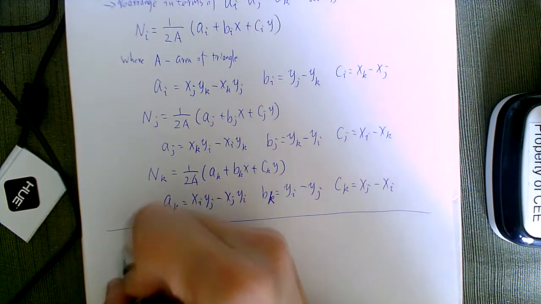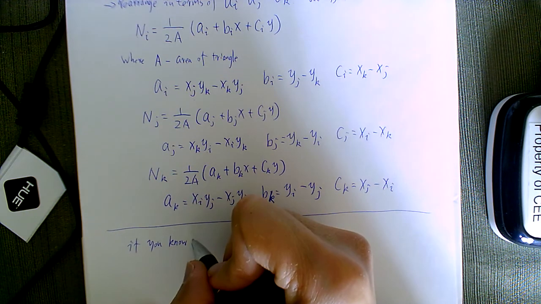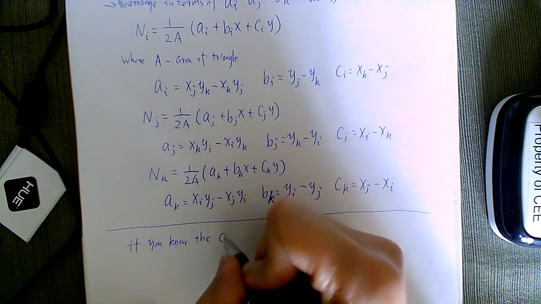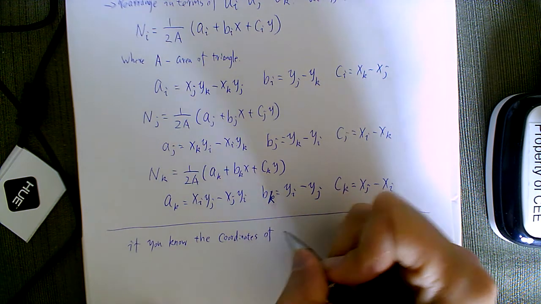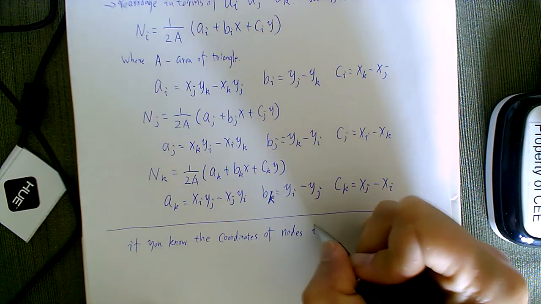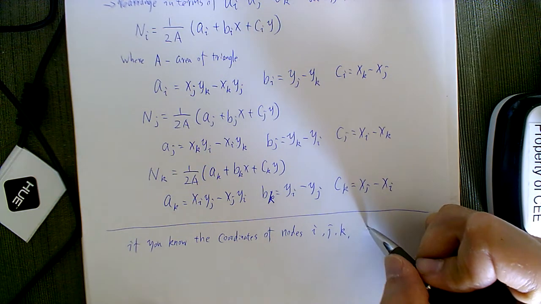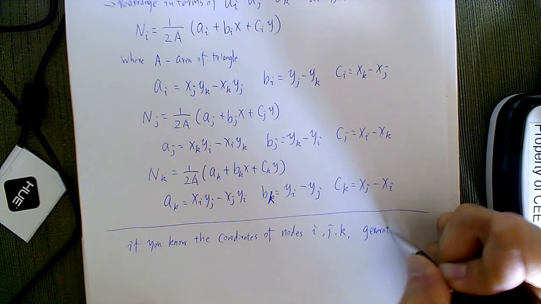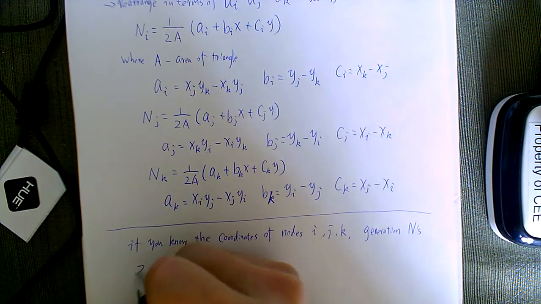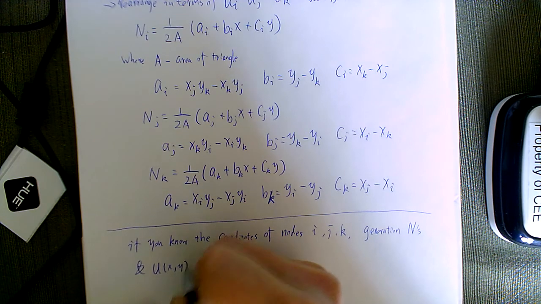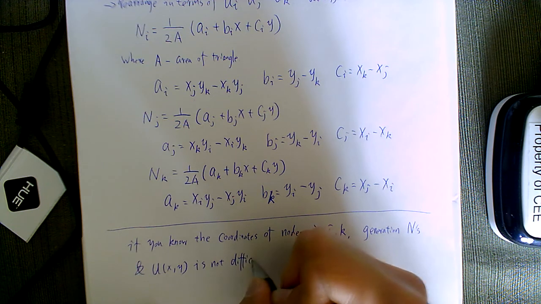So the bottom line is that if you know the coordinates of nodes i, j, and k, generating the N's and the u(x, y) is not difficult.